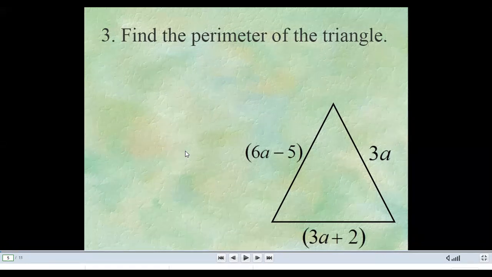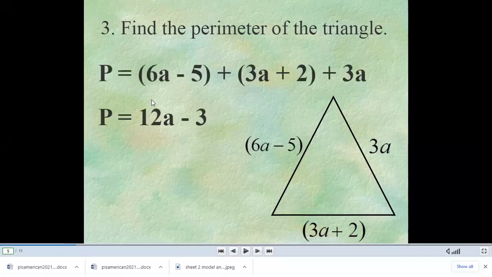Not half multiply base multiply height, that's the area. Perimeter. Miss, add the sides. Yes, we will add all the sides together, right? Which means we will add 6a minus 5 plus 3a plus 2 plus 3a, right?